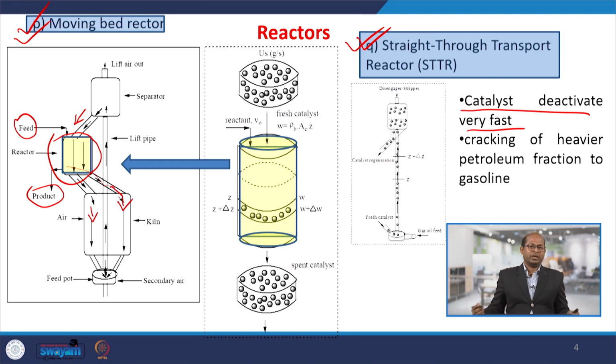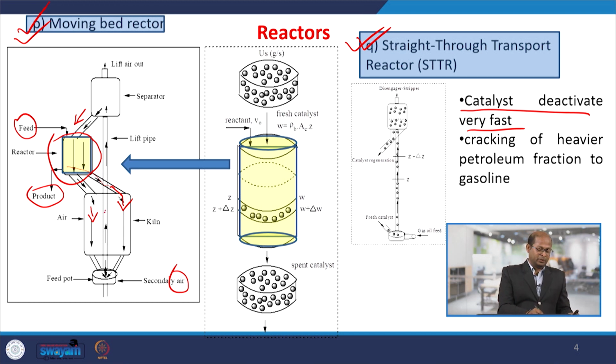Once the catalyst is deactivated, it is taken out and sent there, and by charging air, or gasification of that particular coke, we can remove the coke material from the surface of the catalyst and regenerate the catalyst.